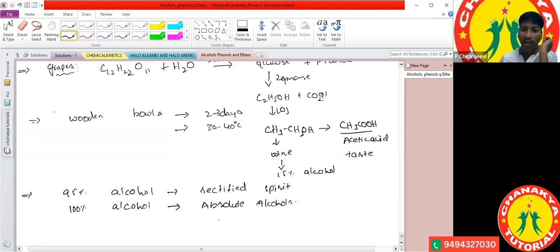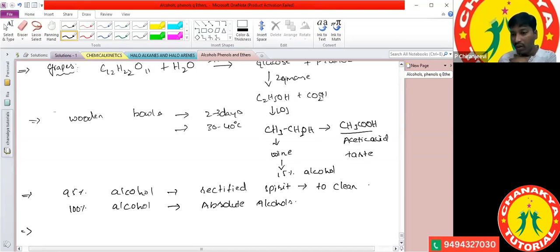Alcohols play an important role in daily life also. Rectified spirit, 95% alcohol, is used to clean wounds.